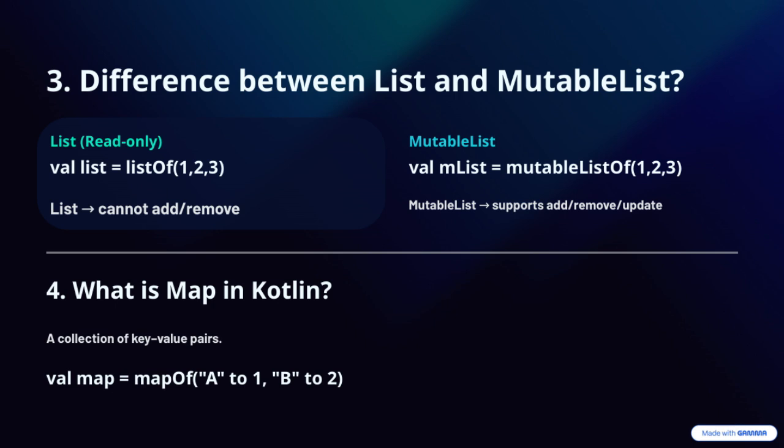On the other hand, a list created with listOf is read-only. Once it's created, you can't add or remove elements. It's a fixed collection meant for situations where you need to keep data unchanged. This distinction is crucial because understanding whether you need a mutable or immutable collection helps you write safer and more predictable code, especially as your projects grow in complexity.